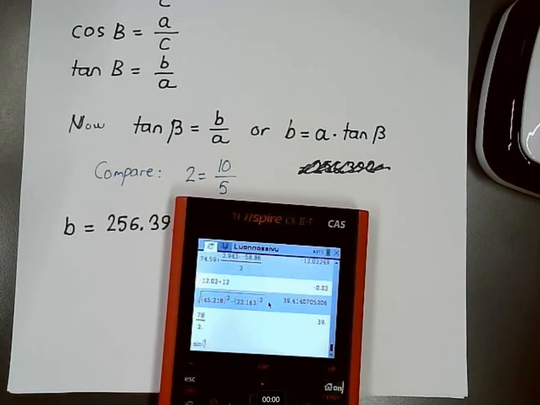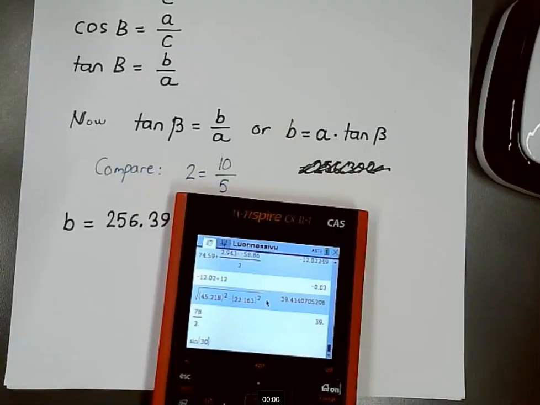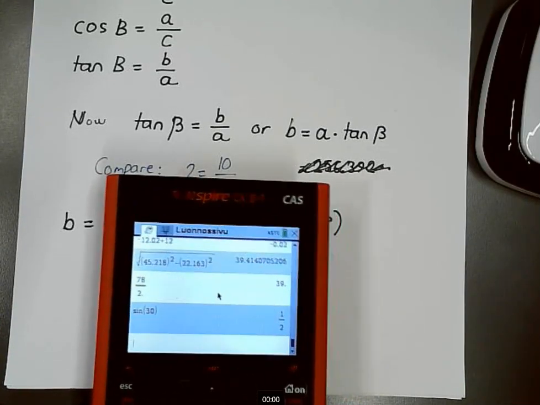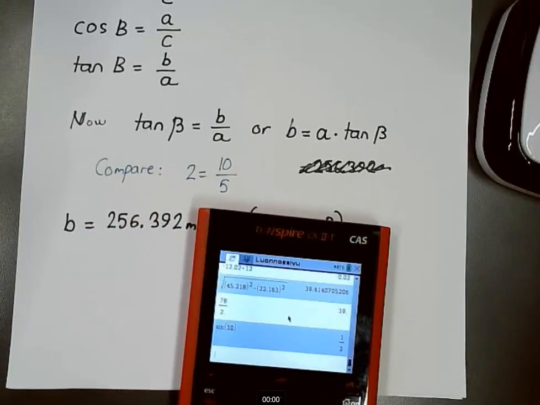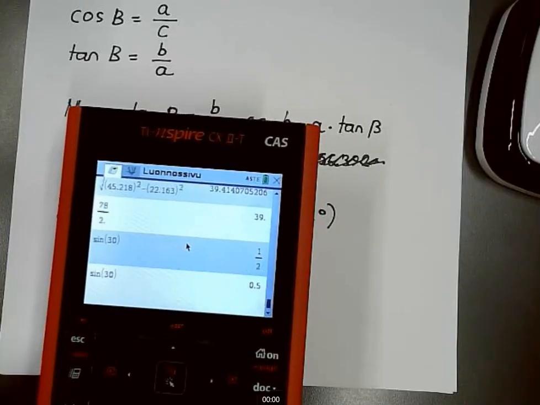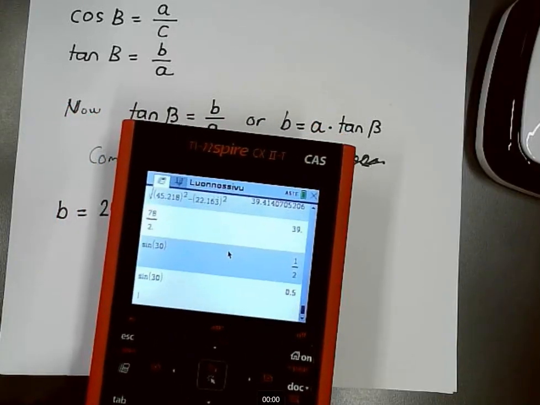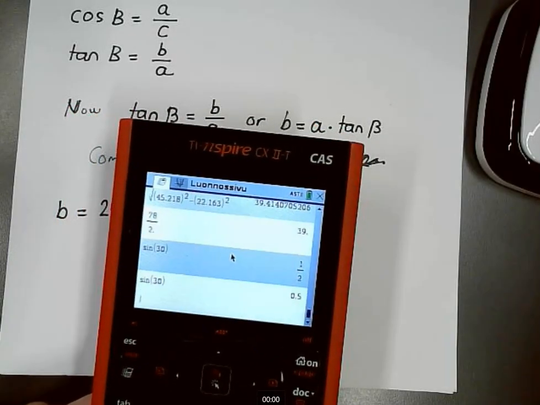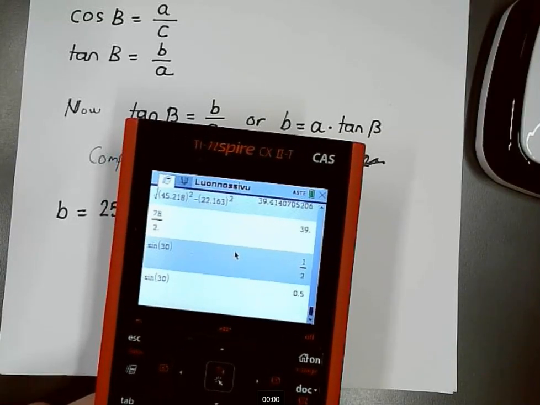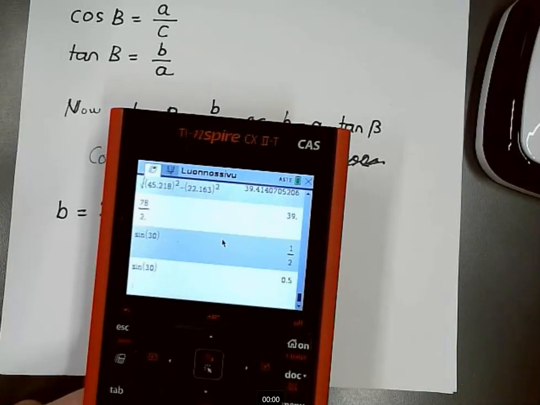If I write sinus there and push enter button, it becomes half. Or if I take it with decimal format, it is half. So I know that this calculator is in the mode where the angle unit is degree.